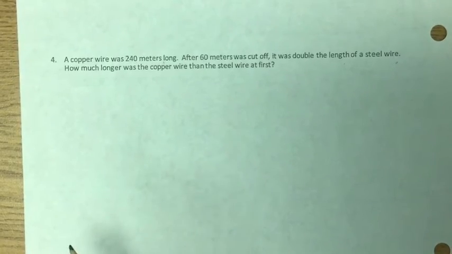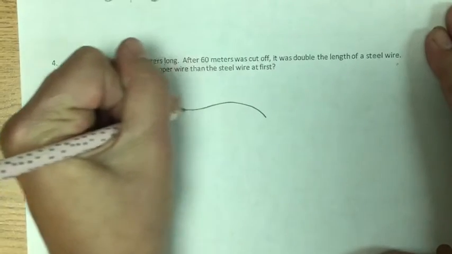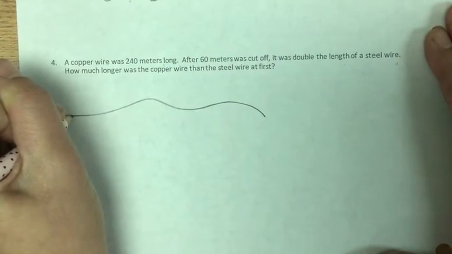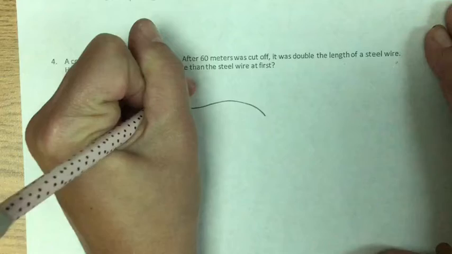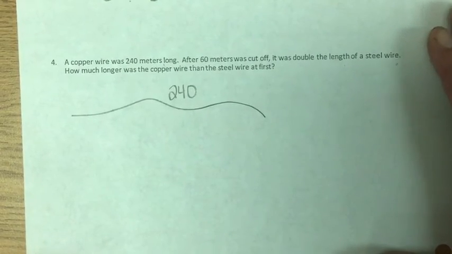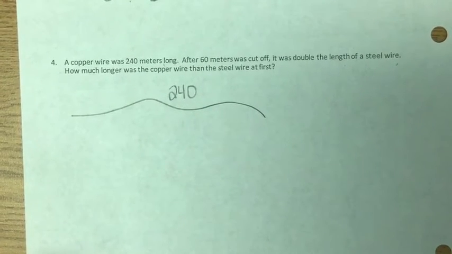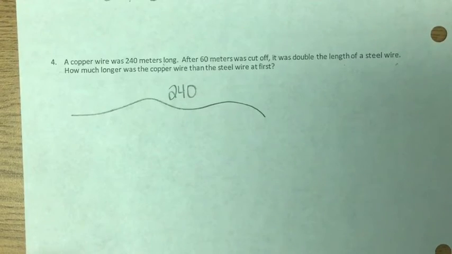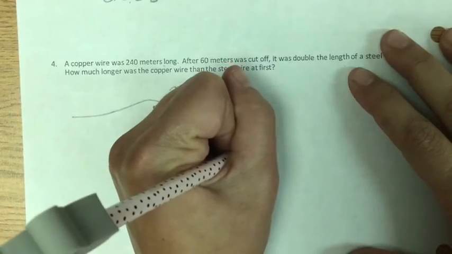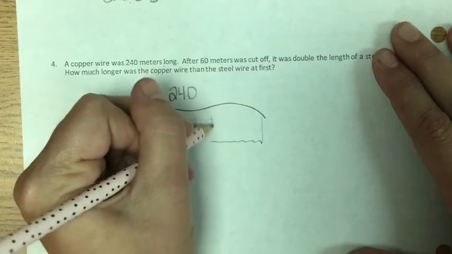All right, a copper wire was 240 meters long. So I'm going to draw this picture, okay? So I know it was 240 meters long, okay? After 60 meters was cut off, so, ready? This is going to be the part that they cut off.